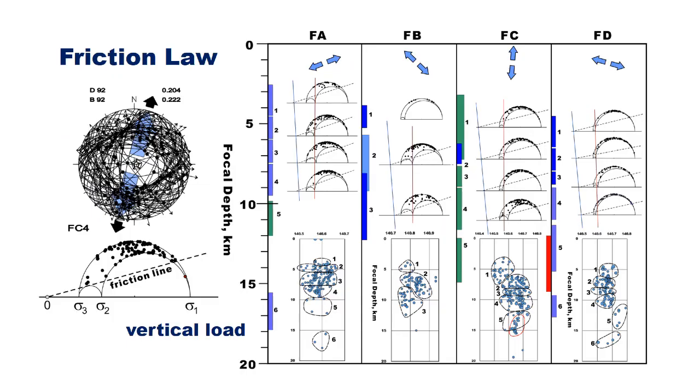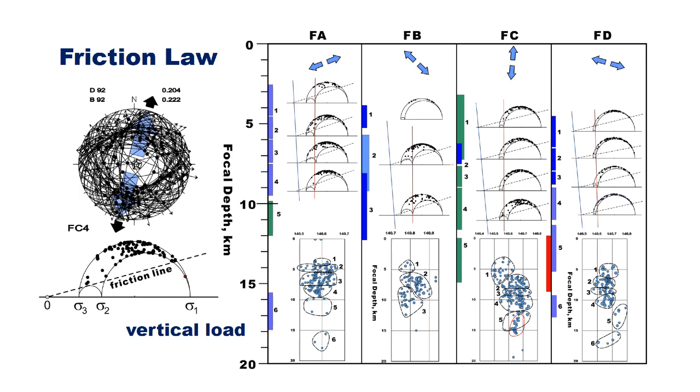Determination of the friction line is very useful because it starts from zero, so we can determine the ratio between sigma 3, sigma 2, sigma 1.